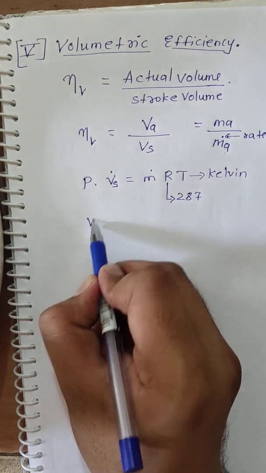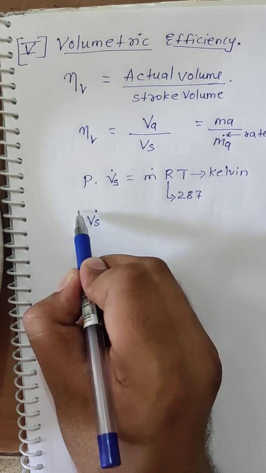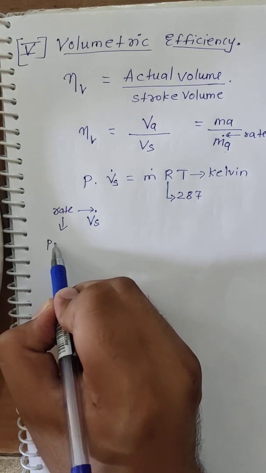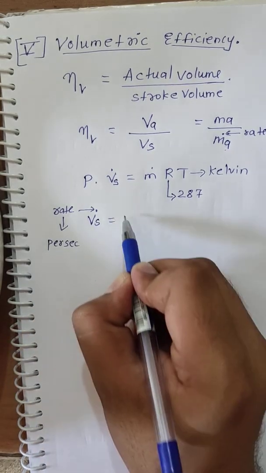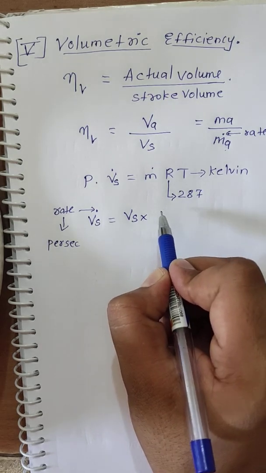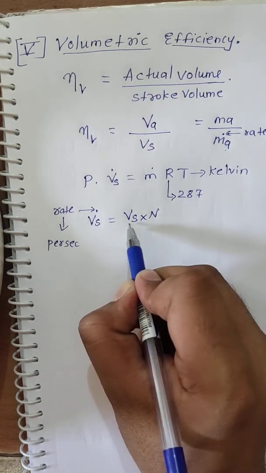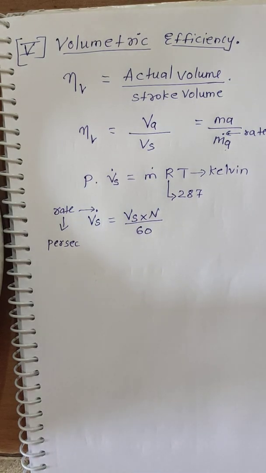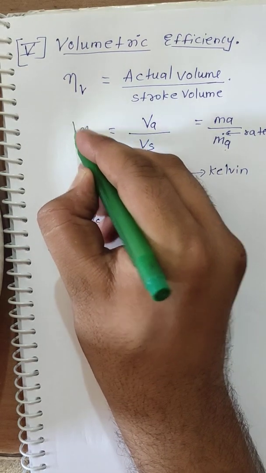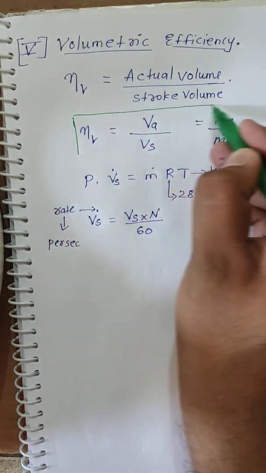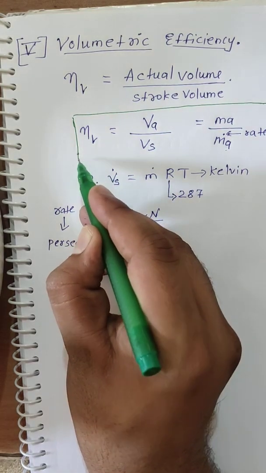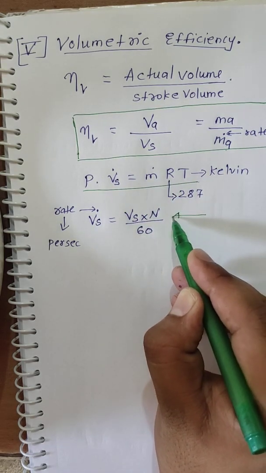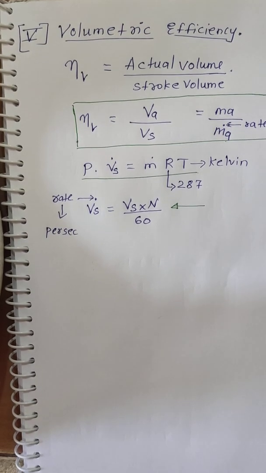And if I want to find Vs dot, what is this Vs dot? Stroke volume per second. This is what? Rate. Rate का मीनिंग ही क्या रहता है? Per second. Okay, so मेरे पास Vs है, so I will multiply here by what? Capital N, RPM, but it is in minute. Second के लिए divide by क्या करूँगा? 60 करूँगा, student. So this is my formula for volumetric efficiency in terms of volume or in terms of mass. If you want to find in terms of mass, you will use this equation, and Vs dot is Vs into N upon 60. Great.